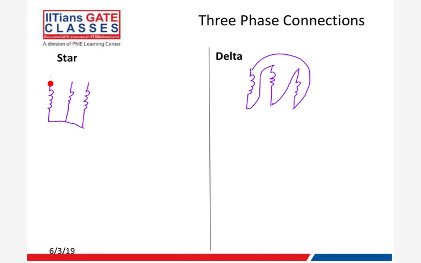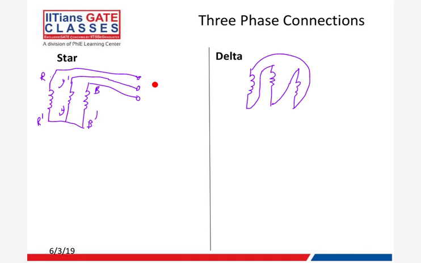So these are the three terminals. And this is R, R dash, Y, Y dash, and B, B dash.